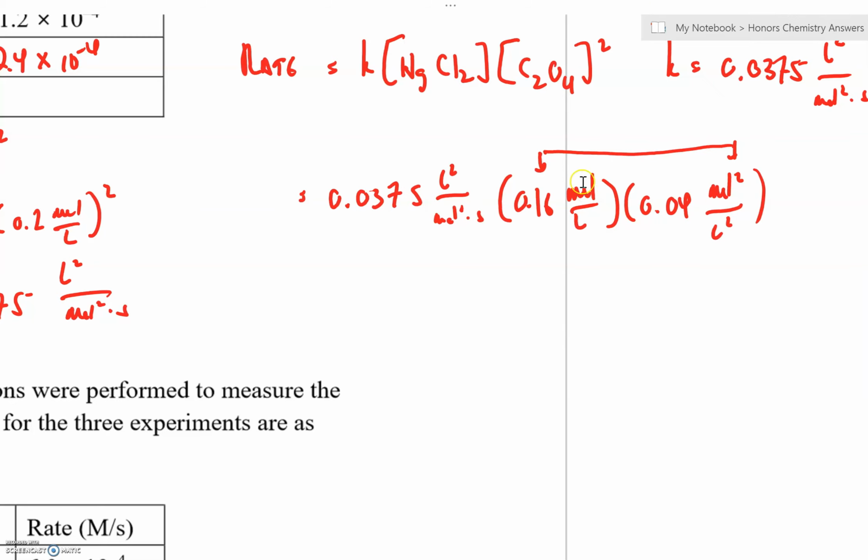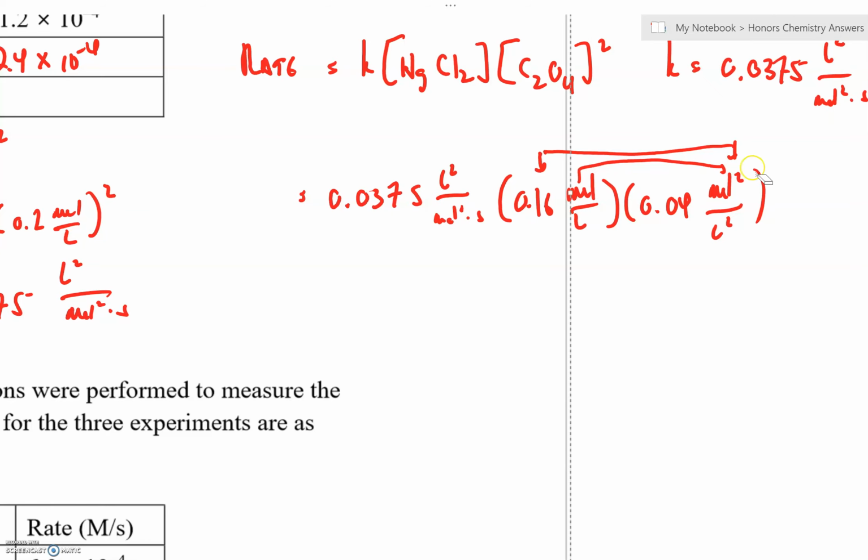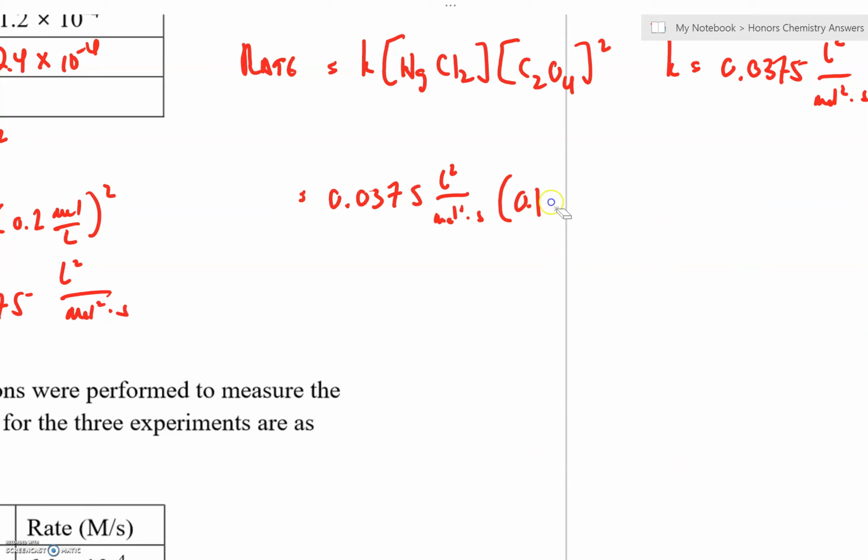More importantly, we're multiplying these units. Moles times moles squared is moles cubed, liters times liters squared is liters cubed. So now what we have here is 0.0064 moles cubed over liters cubed.